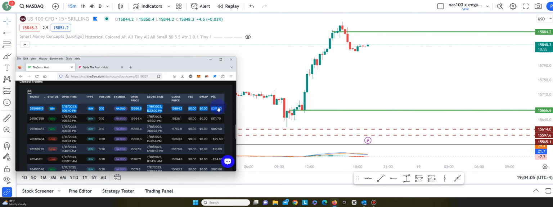Basically, I would have gone with a 0.3, but this time I remembered, okay, you can do 3 0.1s and then take partials as the market goes up. And even if it doesn't come to your level here, my max risk could have been about 30 on each of these trades. So it could have been a max risk of 90 to make 500, right?